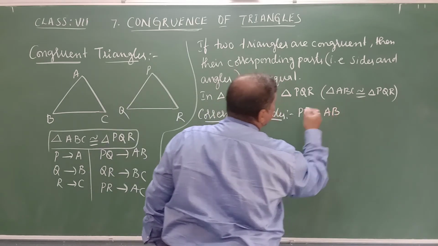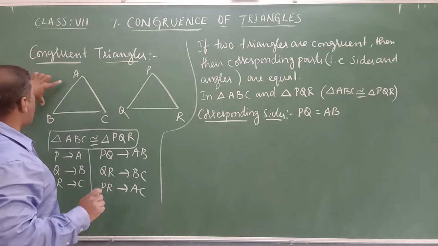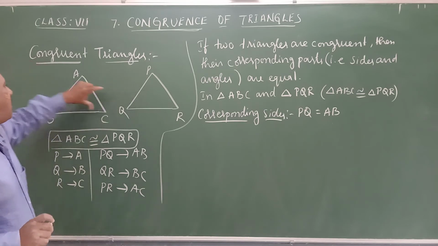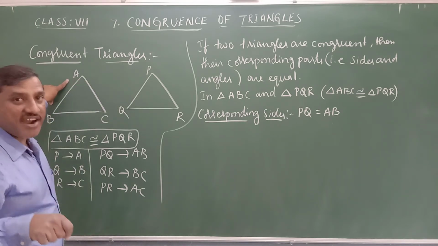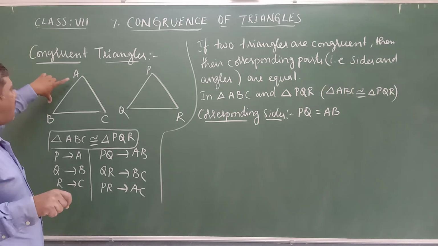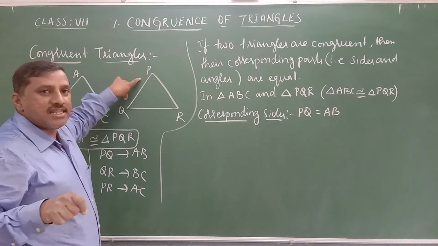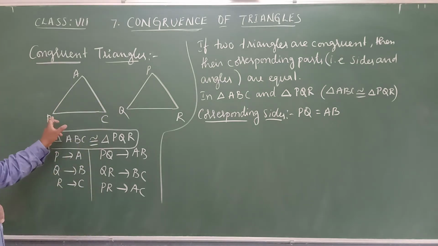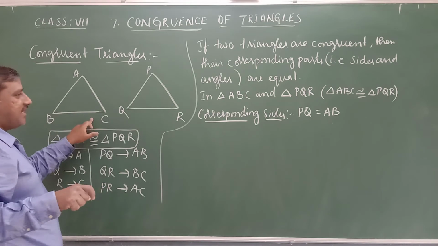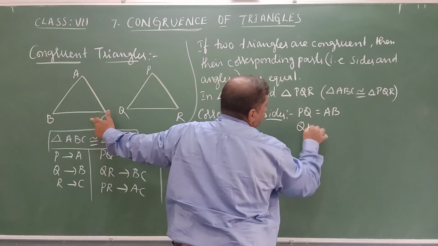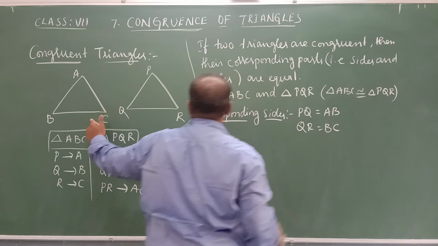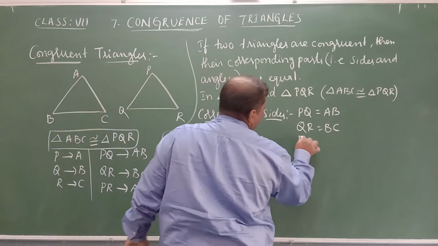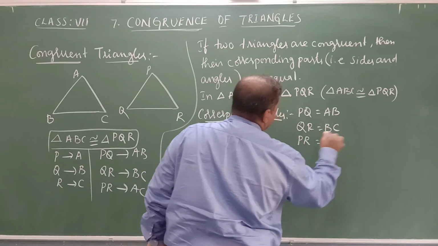They are one pair of corresponding sides. That is, if the length of PQ is 5 centimeters, the length of AB is also 5 centimeters. If the length of AB is 6 centimeters, the length of PQ is also 6 centimeters. The other pair of corresponding sides is QR and BC. The third pair is PR equals AC.